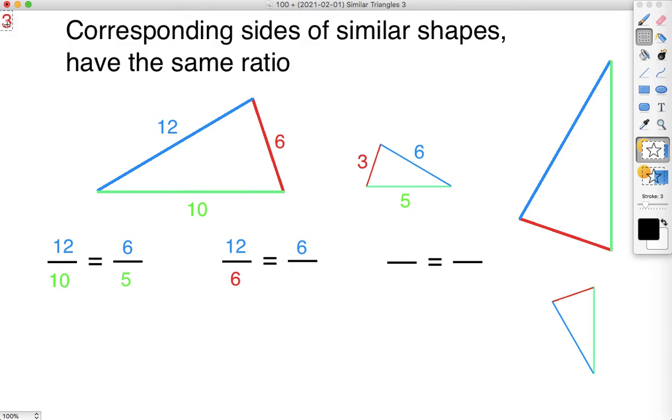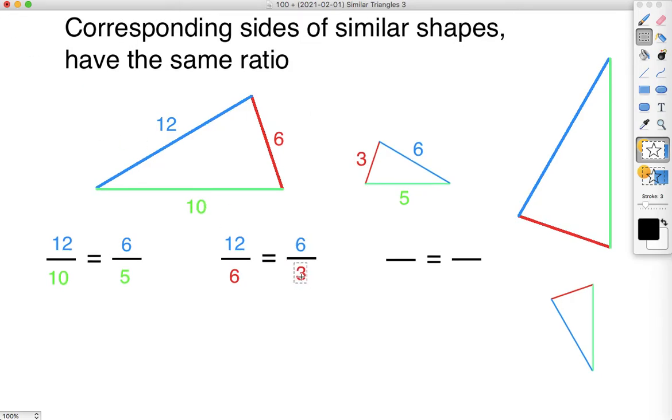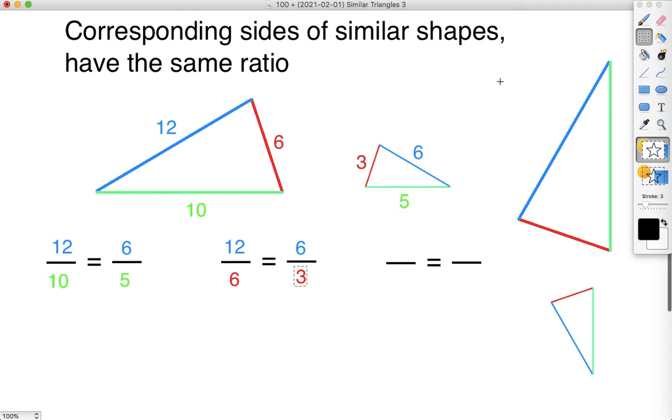So each one of these fractions is a ratio. It is the relationship between one thing and another. This 6 and 3 right here is the relationship between this side of the small triangle to this side of the small triangle. Okay, and let's make one more.